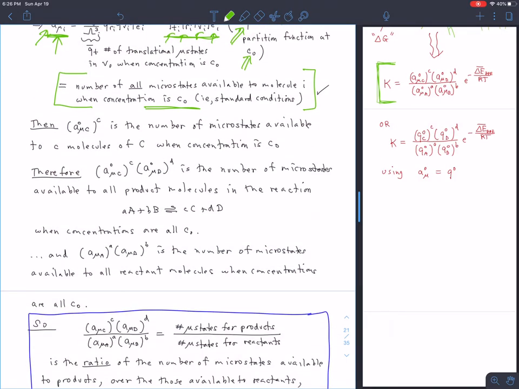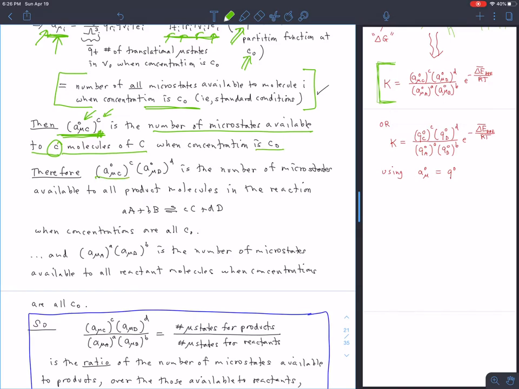That means that if I raise that activity for product C to the little c power, then I'm multiplying together the partition functions for little c copies of molecule C. And that means this is the number of microstates available to little c molecules of capital C when the concentration is C0.